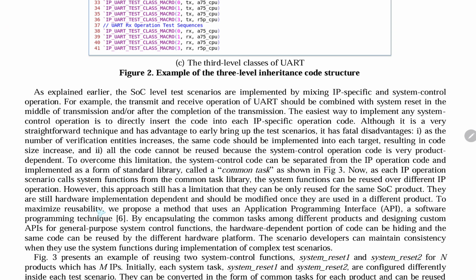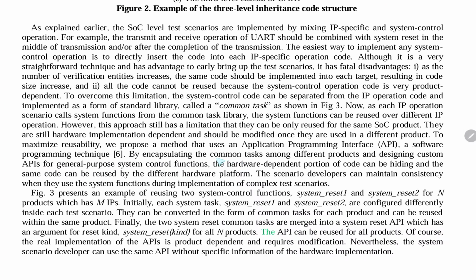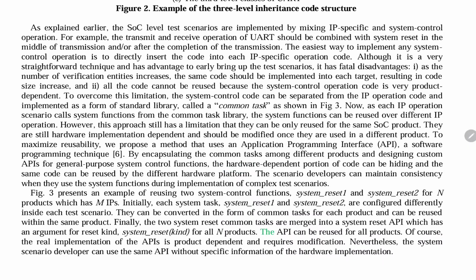To maximize reusability, we propose a method that uses an application programming interface (API), a software programming technique, by encapsulating the common tasks among the different products and designing custom APIs so that, for a general purpose system control function, the hardware-dependent portion of the code can be hidden, and the same code can be reused by different hardware platforms.